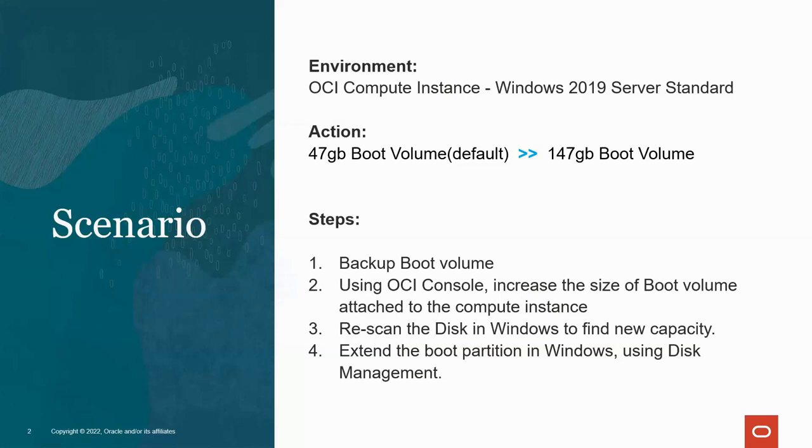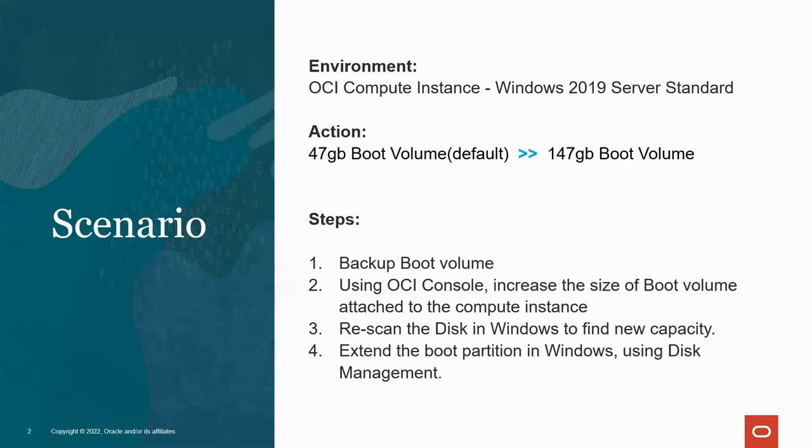The high level steps are: first, I'm going to take a backup, just a best practice before making any big changes to your boot volume, which is a critical thing for your compute instance. Then as a second step, I'll show you how, through the OCI console itself, I'm going to increase the size of the boot volume attached to this compute instance.